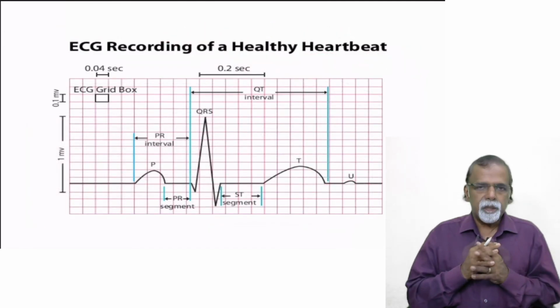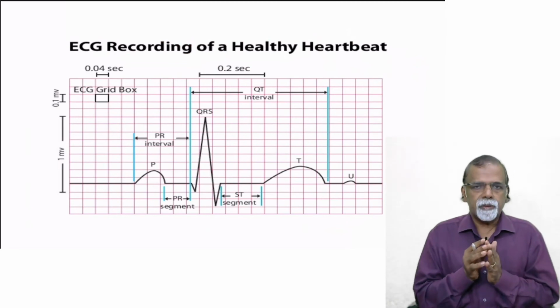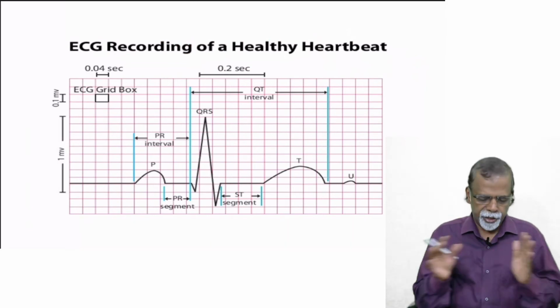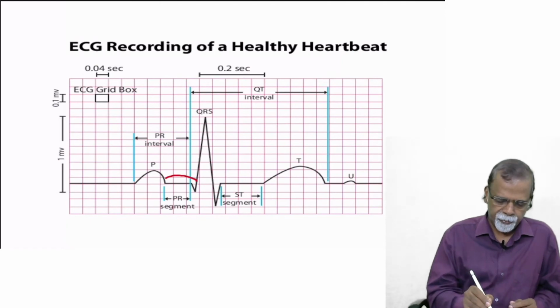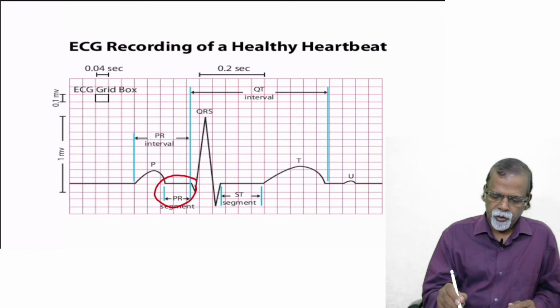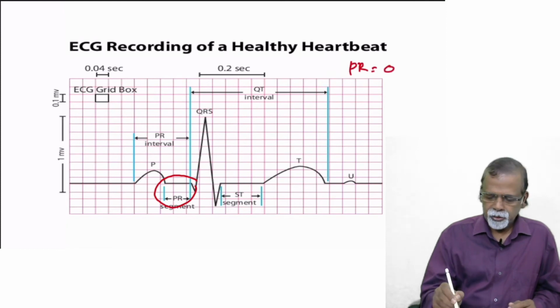So now coming to the time durations, certain durations and intervals you should learn by heart. One of the very important things is the PR interval. The normal PR interval should be less than 0.2 seconds and more than 0.12 seconds.